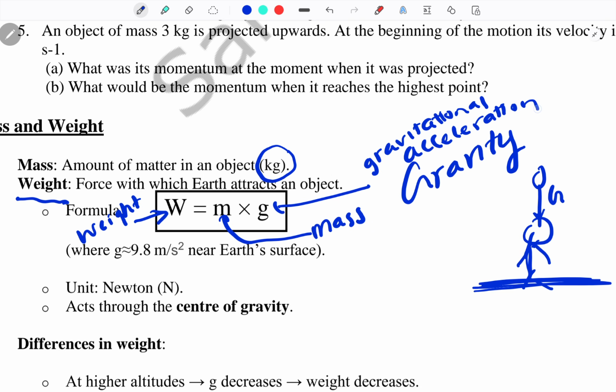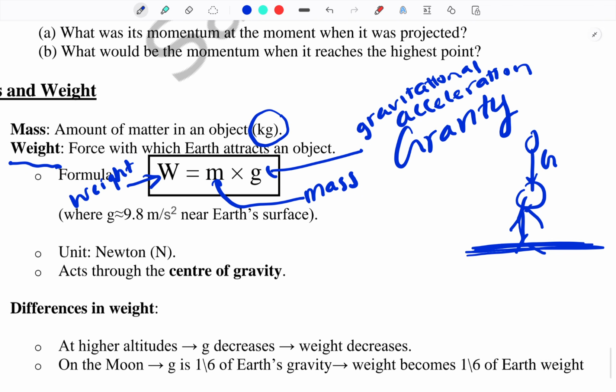In unit 2 also we discussed what gravitational acceleration is. So gravity force is accelerating that object toward the earth, no? So that is the gravitational acceleration. Usually the true value is 9.8 meters per square second, but for ease of calculations we are using it as 10 meters per square second.